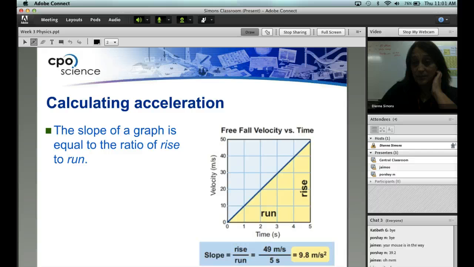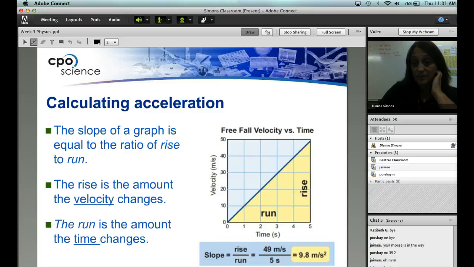And for us, we're only going to be able to calculate the slope of straight lines. You need calculus to do those curved lines, but you can still describe the motion, even though you can't say that at this specific time the acceleration was this much. So again, rise over run. Rise is the amount of velocity and run is the amount of time.